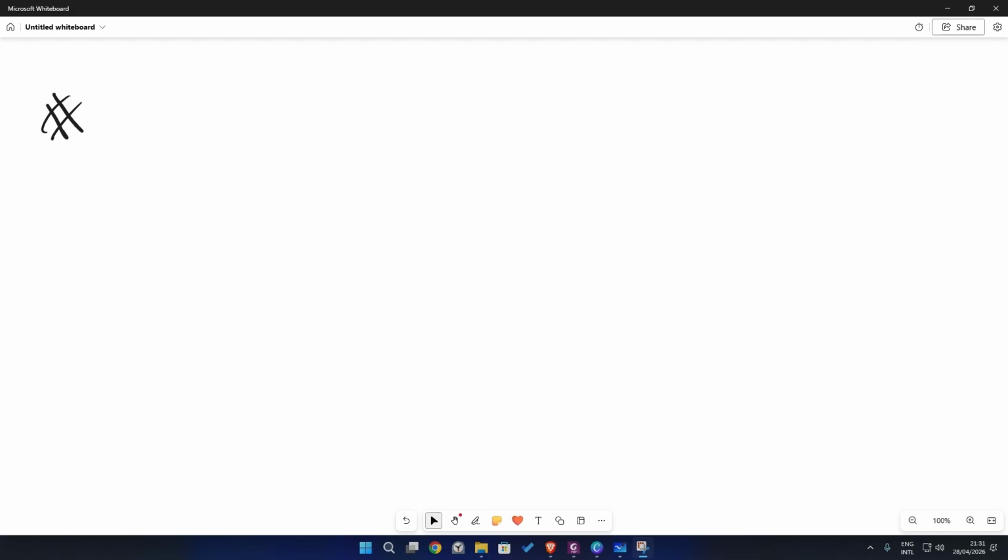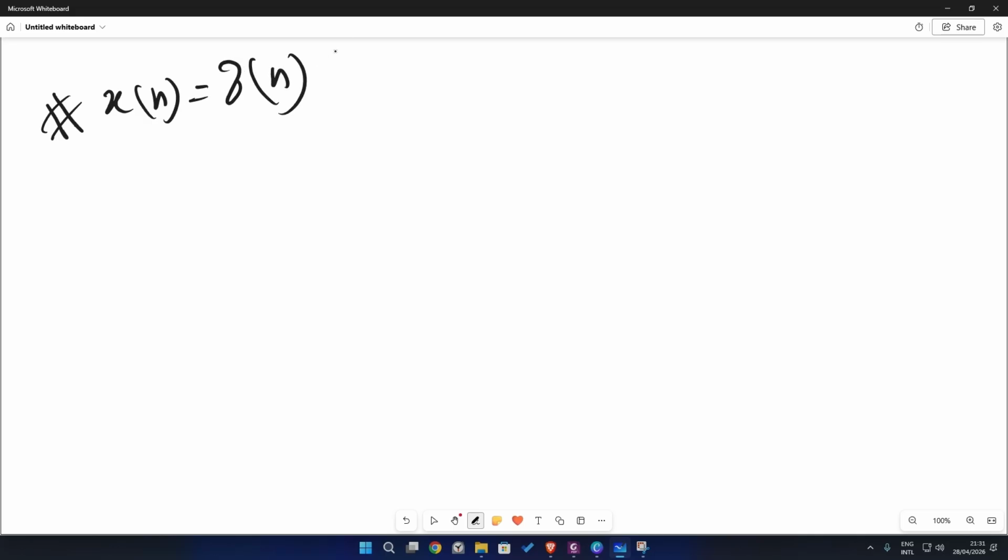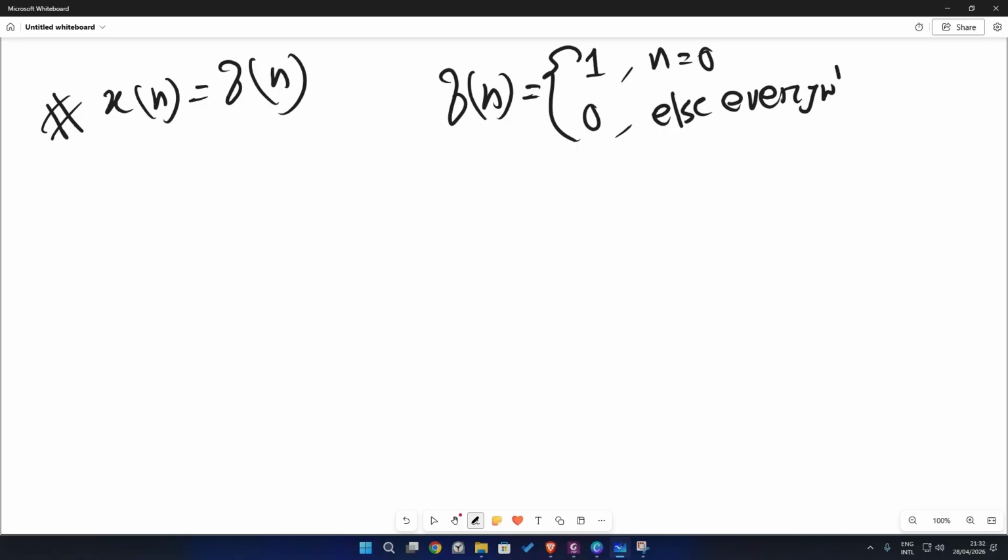To move to the next part, we'll need to know about a formula. Let us consider x[n] equal to the impulse response. It is represented by a functional representation of 1 and 0: when n equals 0 it will be 1, and everywhere else it will be 0. So the graphical representation is 1 when n equals 0, and the rest is 0 everywhere.